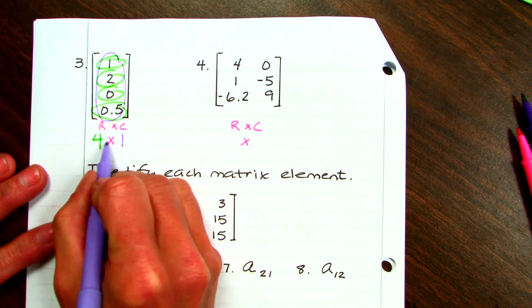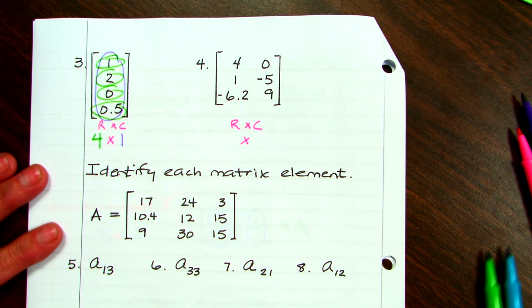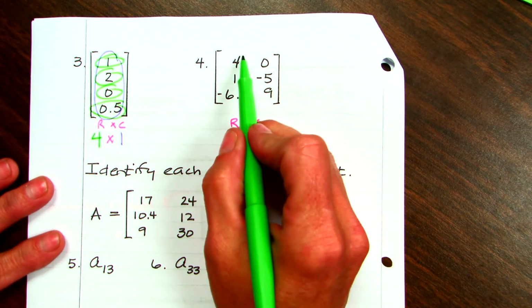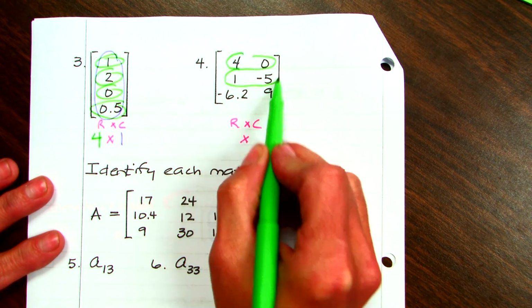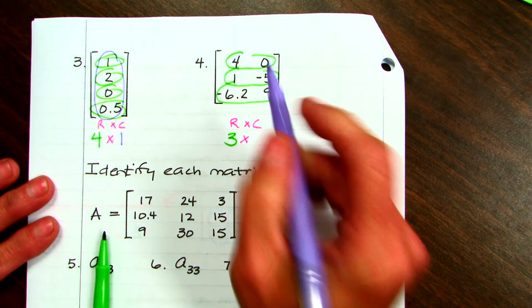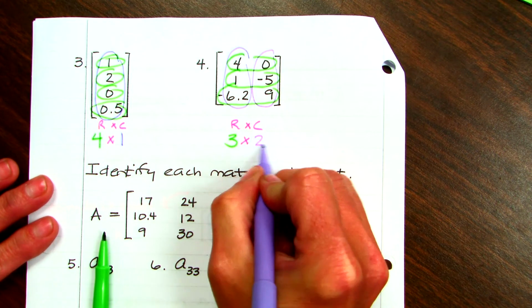So that is a 4 by 1. In number 4, I have 1, 2, 3 rows, and I have 1, 2 columns.